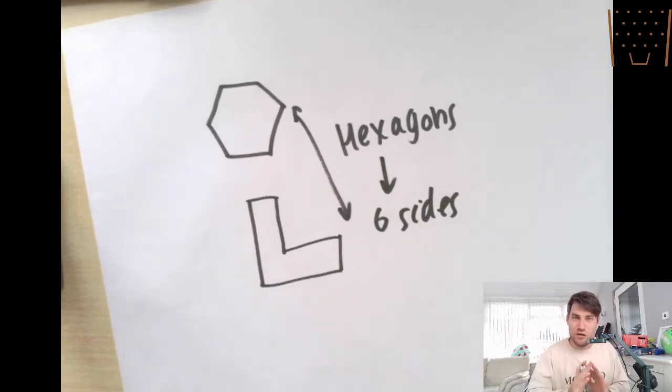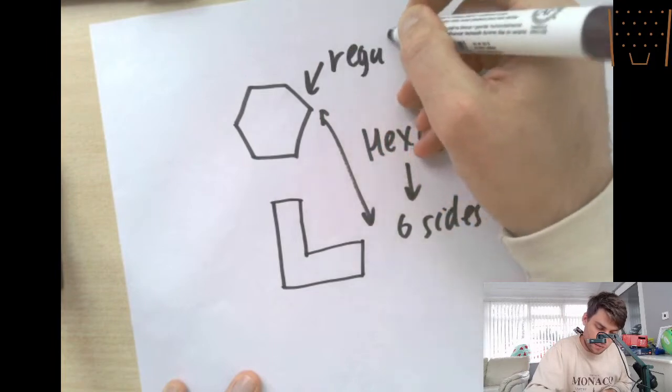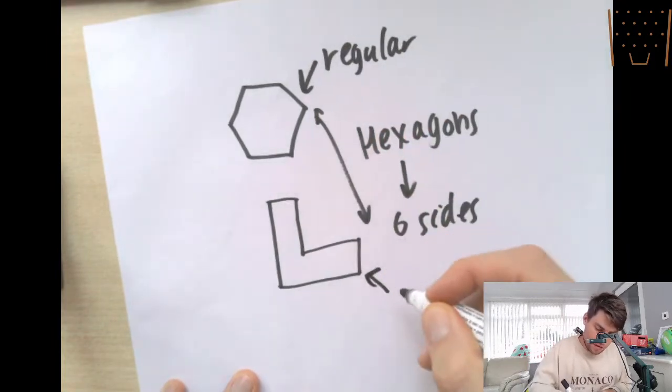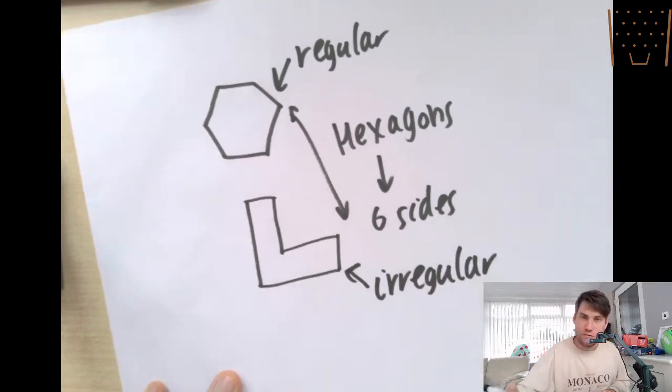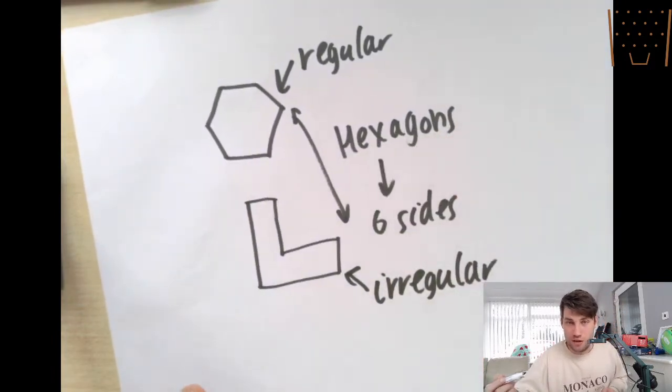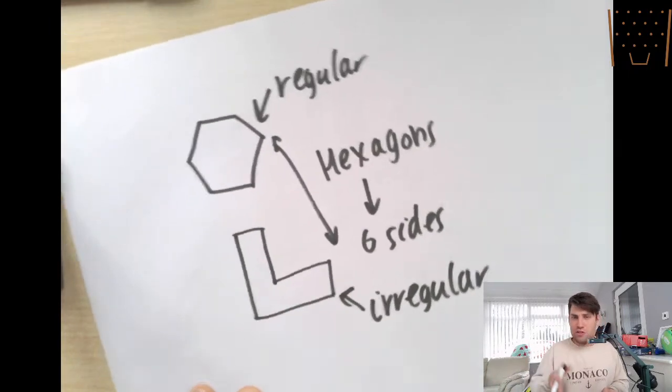A hexagon just means a 6-sided shape. That's what a hexagon is. However, this one is regular and this one is irregular. Yeah, regular, irregular, and that's the difference. Okay, and that's the same for other shapes as well.